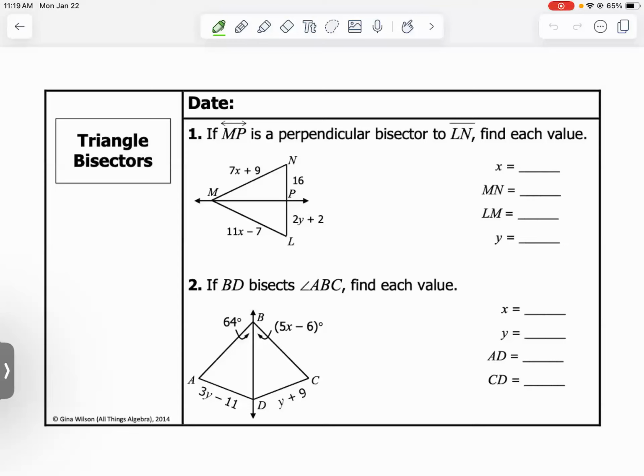Y equals 7. 70 divided by 5. X equals 14. Y equals 10. Equals 19.